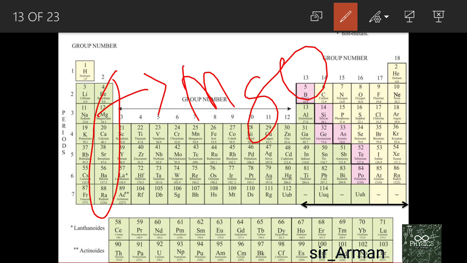When it reacts with water, it gives Mg(OH)2. Similarly, calcium oxide CaO, when it reacts with water, gives Ca(OH)2. So oxides of these metals are basic in nature, and when they dissolve in water, they give a base. But if you try to dissolve the metal directly, then it will not give a base, hence it is not known as an alkali metal.